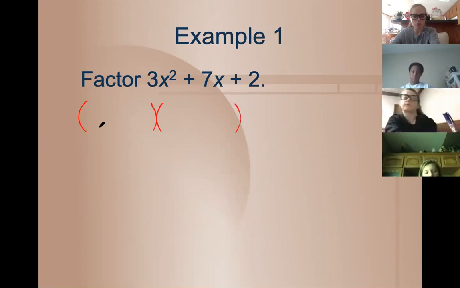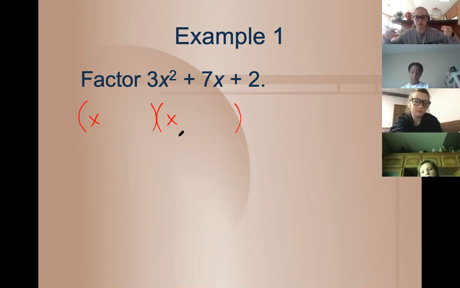Now, normally, we just have x times x, right? But remember, when we do the opposite, when we FOIL and when we want to get it back to the original problem, x times x is just going to be x squared. But remember, this term right here, that's going to be my first terms in the FOIL method.